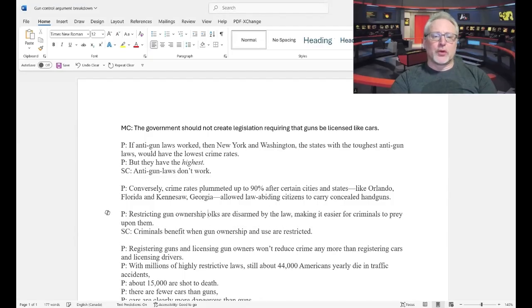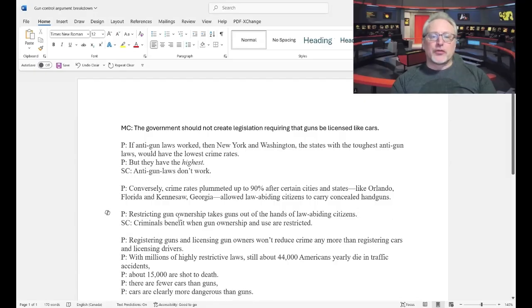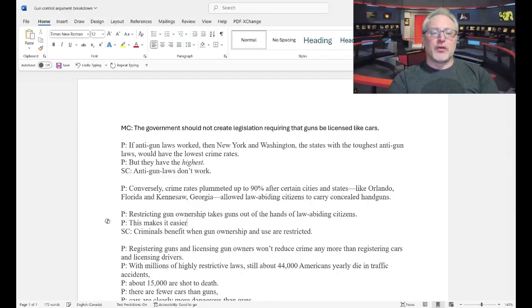I'm going to take a term from the previous statement. Restricting gun ownership takes guns out of the hands of law-abiding citizens. Restricting gun ownership takes guns out of the hands of law-abiding citizens. This makes it easier for criminals to prey upon them.